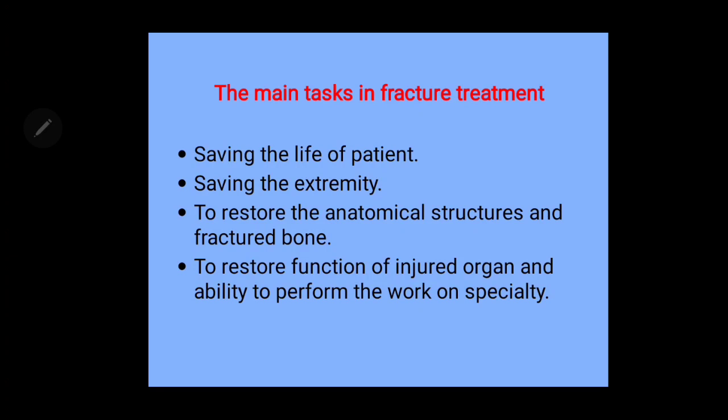That means that you should correct all main types of displacement and restore the anatomy as well as it is possible in your situation. And the last goal is to restore the function of the injured organ. Because you can restore the anatomy very well, but if proper rehabilitation was not performed, there may be problems with function.